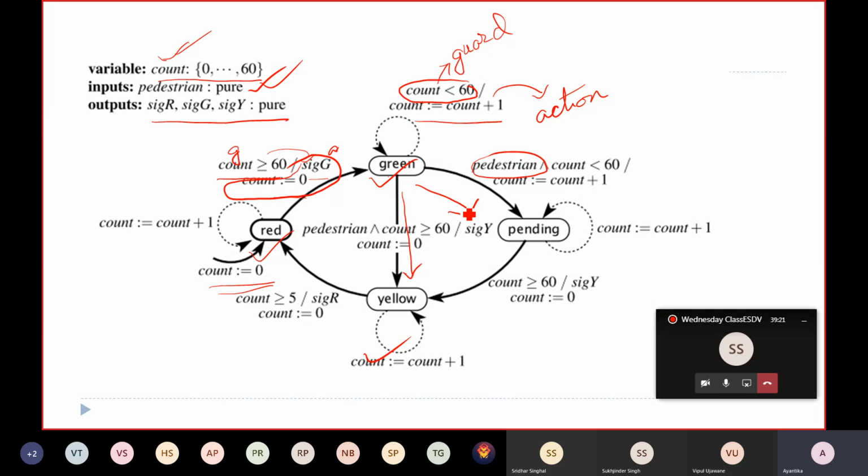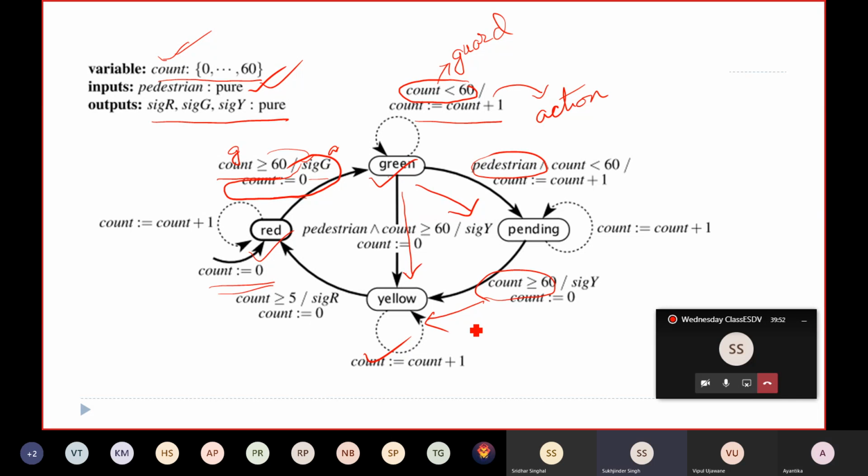But since some pedestrian is willing to cross the road and has pushed the button, you have to extend your green light some more time. So you move to the pending state, check the counter again, and give some delay time inside that pending green state, and then make the transition from green to yellow.